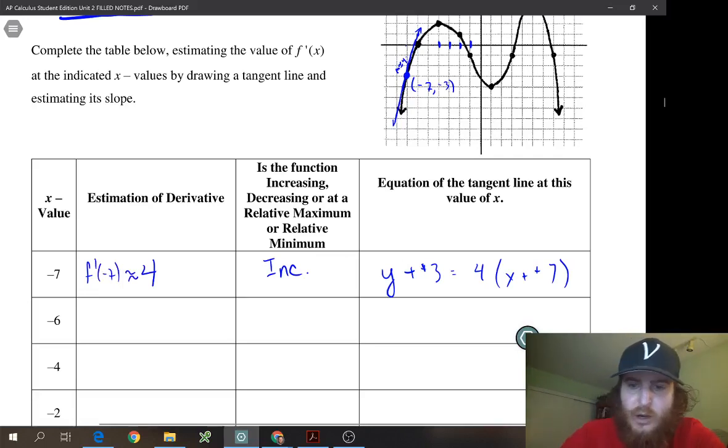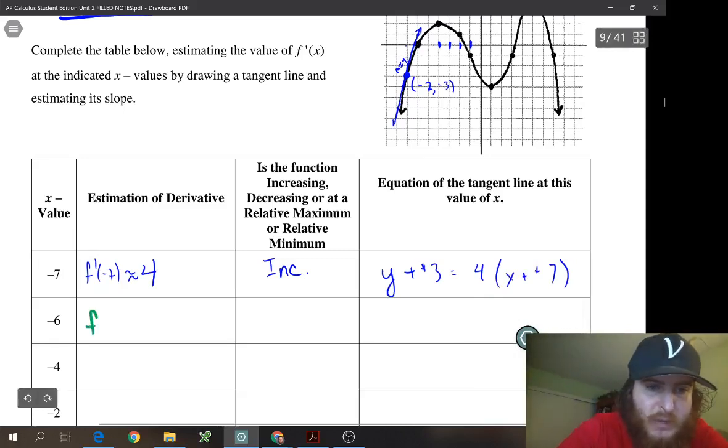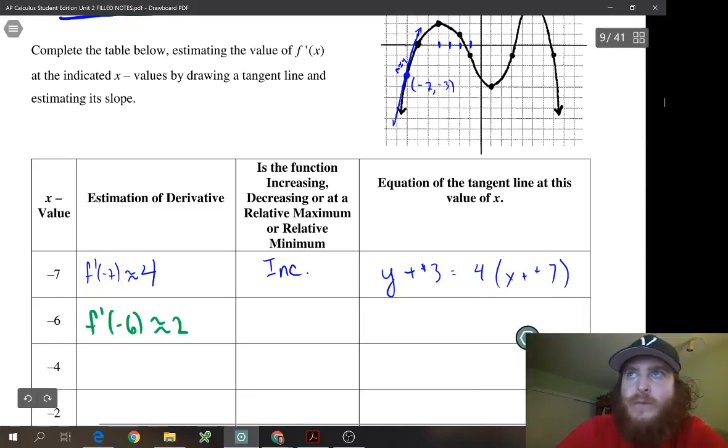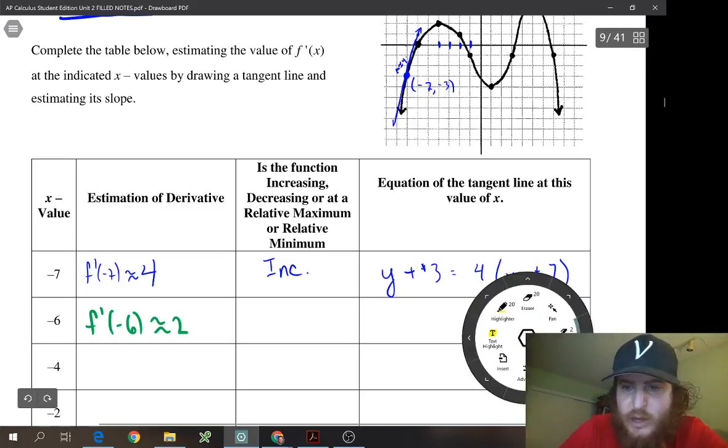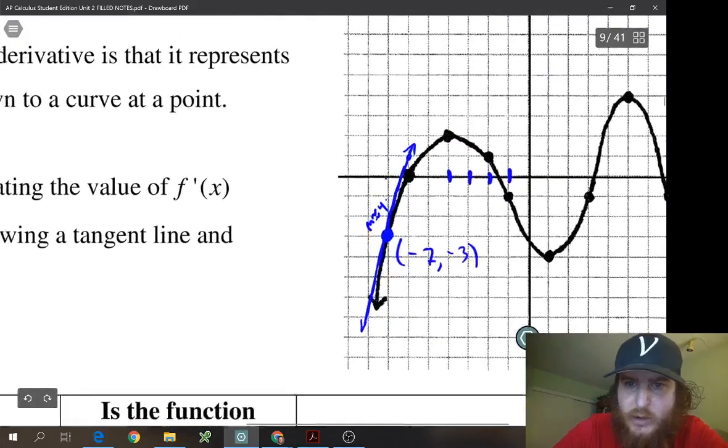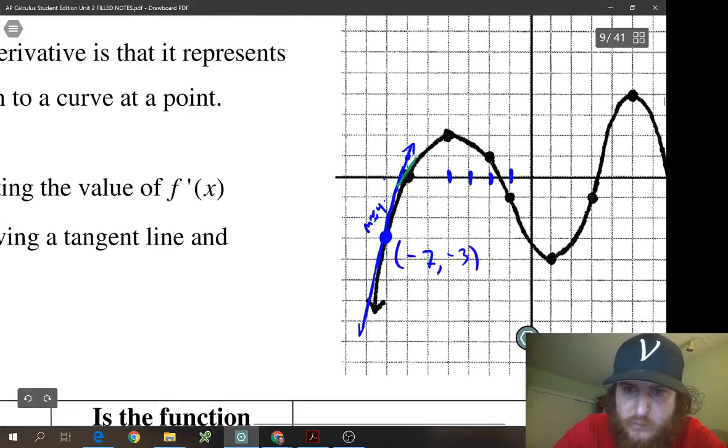Okay, so hopefully you've tried these on your own. At -6, again, if your answers are slightly different for the slope, that's okay. My answer I got about 2 for my slope. So again, what you should have done is drawn a tangent line here. If you have a ruler, that's the best thing to do.